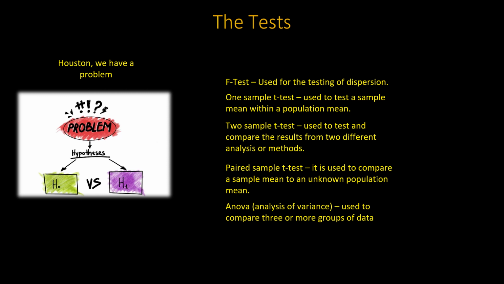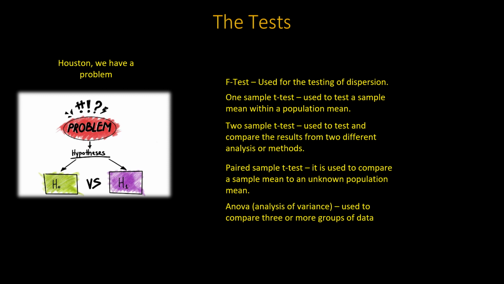Now, there are 3 student t-tests that are available. These are routinely conducted. First is the one sample t-test, and it is used to test the sample mean of a sample set against a population mean if that population mean is known.